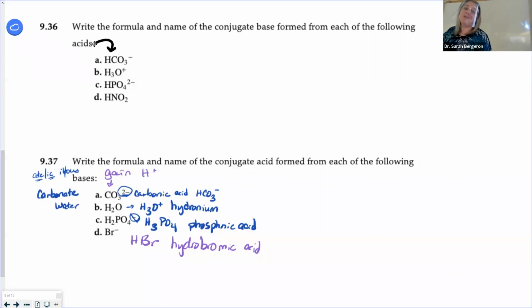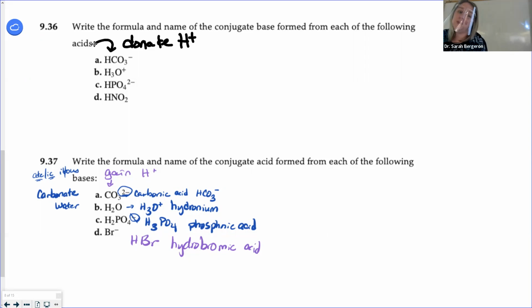If they are an acid, what will they do? Accept a hydrogen ion or donate one? Donate. That's one of those things you need to know, donate or accept. So acids donate, bases what? Accept.